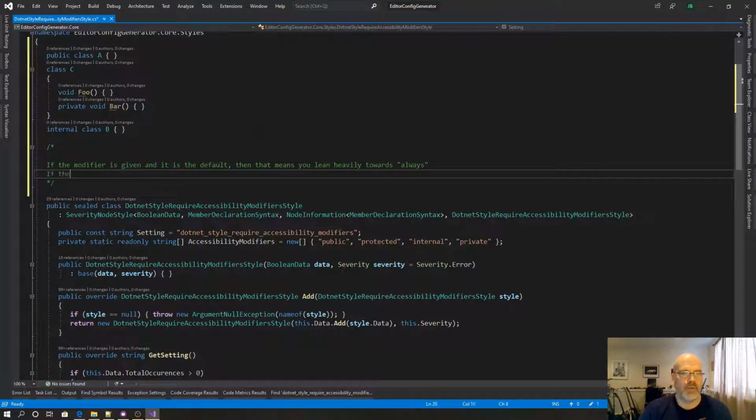If the modifier is not given, well, then it means you want to use the default. But maybe you just wrote an entire code base where you just always pick the defaults. If you specify it and it is not the default, you have to. You don't have a choice. If you meant for a class to be public, where by default it's internal, you have to say public. And the only thing I can conclude is that if you put it in where it is the default, that you actually like less of omit as default.